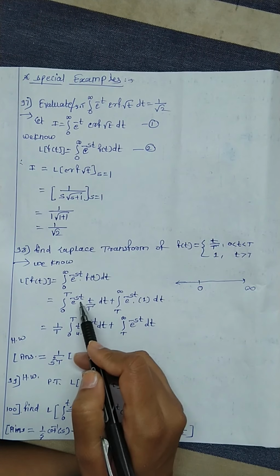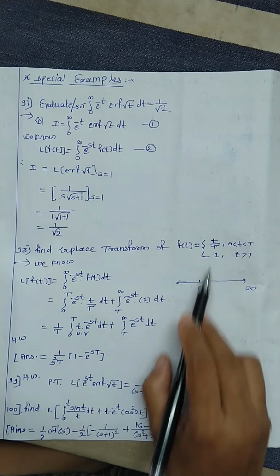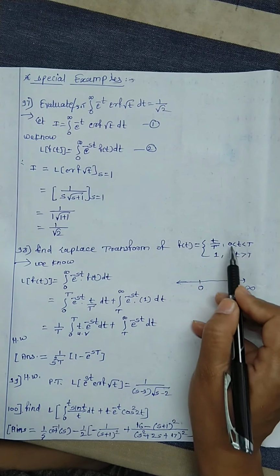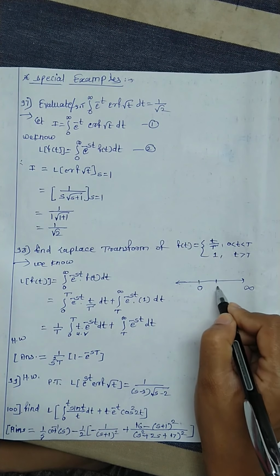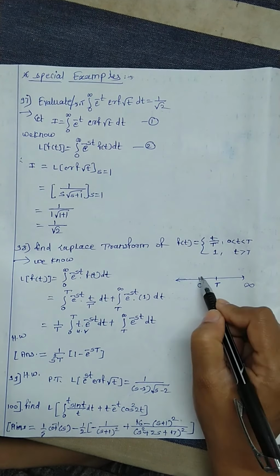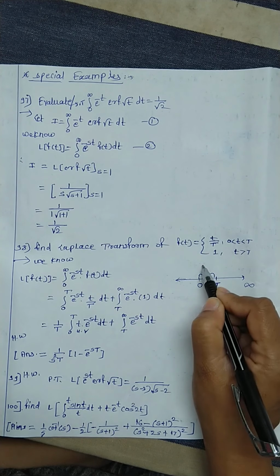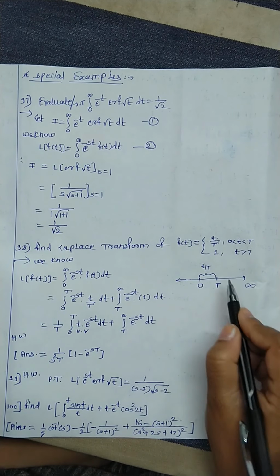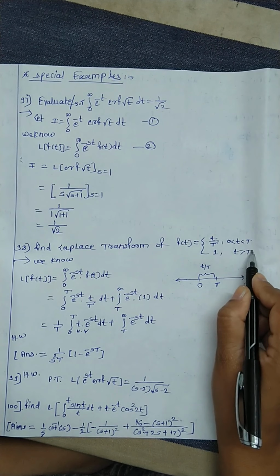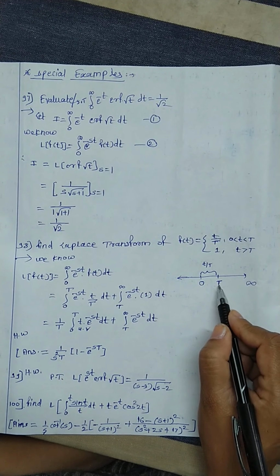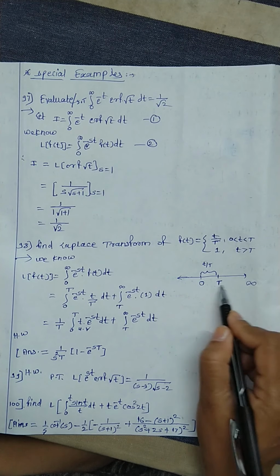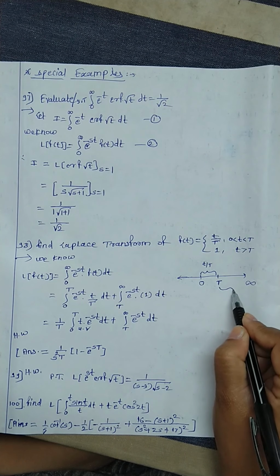Nothing to do with negative values. Now the function is divided into 2. Which one is 0 to T? Suppose capital T is here. In 0 to T, the function value is t upon root t, and for t greater than capital T, the values are greater than capital T, meaning this side, t to infinity.